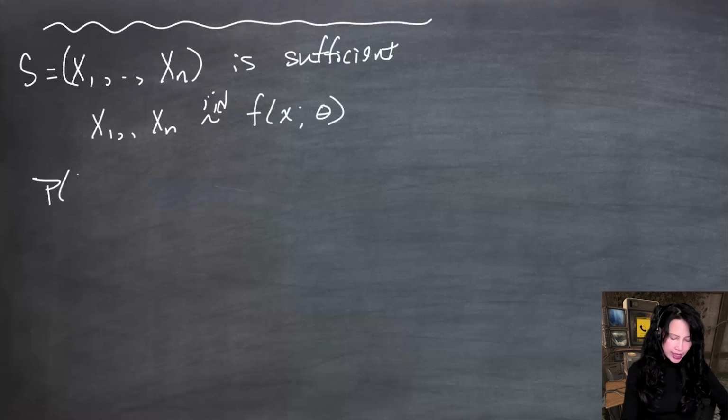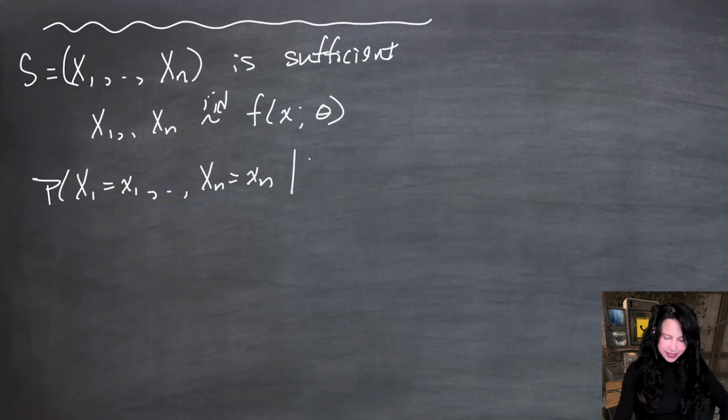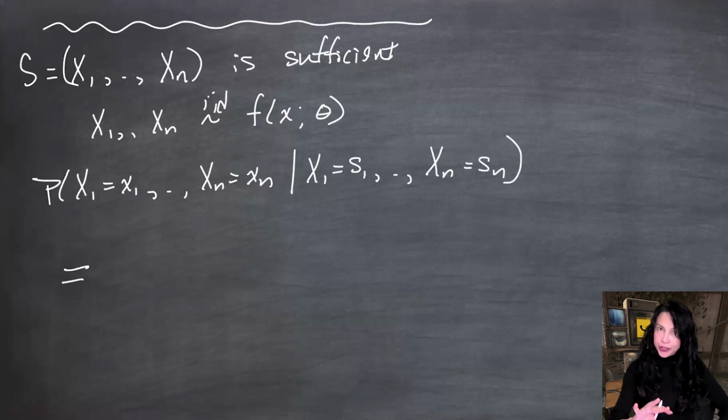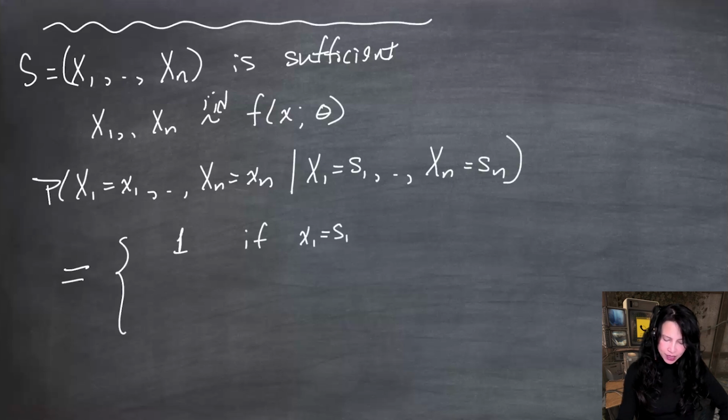And if you want to look at the joint probabilities for x1 through xn, given that these values have been given to you, this is going to be, regardless of what you started with, 1 if x1 equals s1, x2 equals s2, through xn equals sn, and it's going to be 0 otherwise.